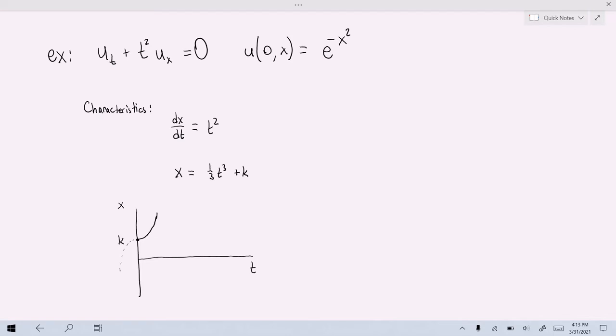So those are the characteristics. They're going to be cubic graphs. Now, once again, we know that our function u, if we evaluate it along a characteristic, so when x is 1/3 t cubed plus k, should be equal to the integral of the function f, which in this case is 0, evaluated along the characteristic.